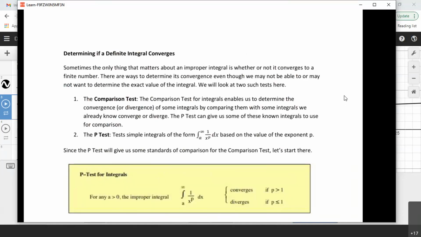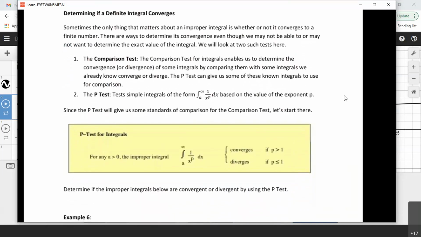So again, what you can do is compare it to known integrals that you know converge or diverge. And the second test, called the p-test, will help you decide if you've got an integral of the form 1 over x to the p, does this diverge based on the value of the exponent? So let's take a look at these two tests together.